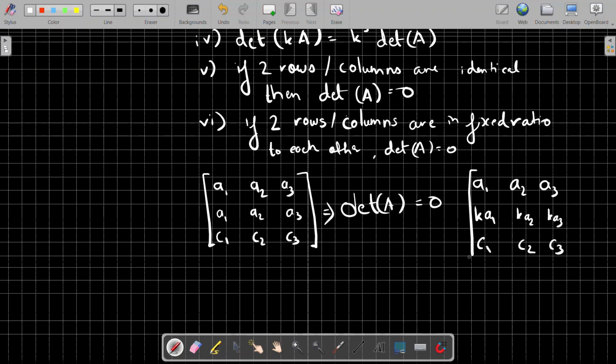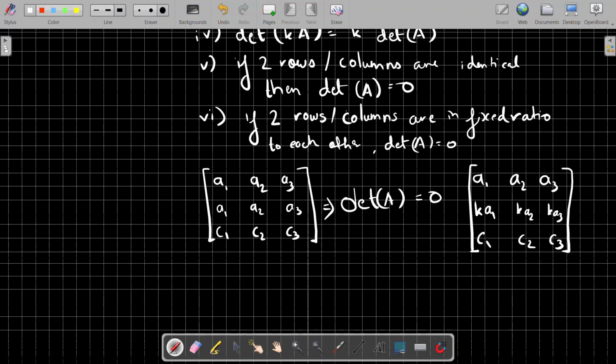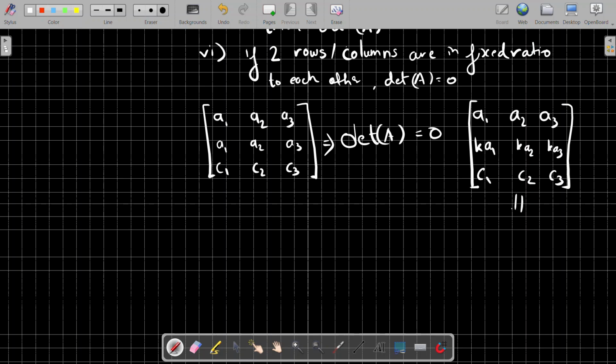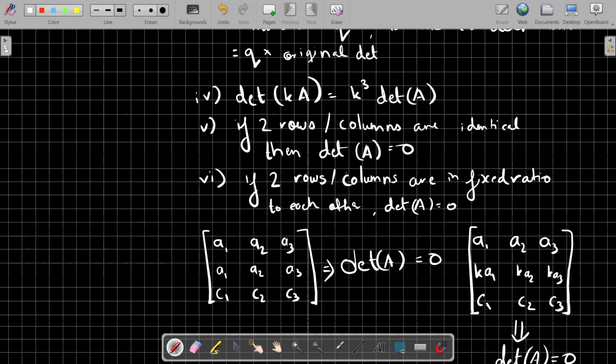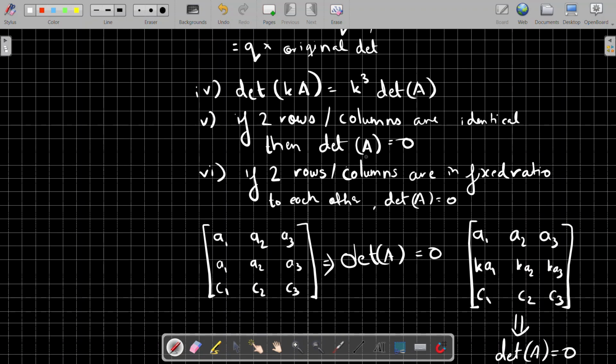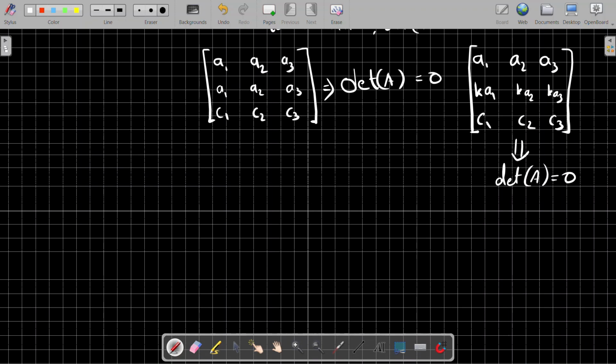The determinant of this matrix will also be 0. This is what these two properties are indicating: in these two cases where two rows are identical or are in fixed ratio to each other, the determinant will be 0. Let's continue.